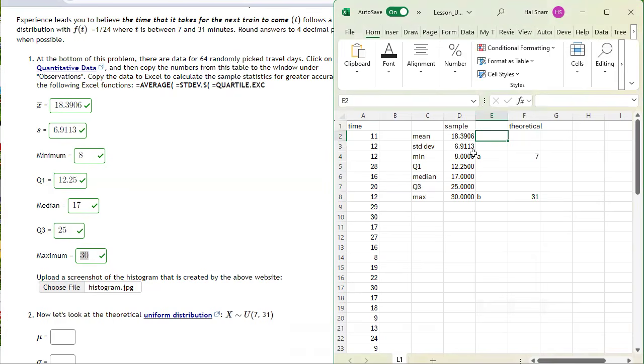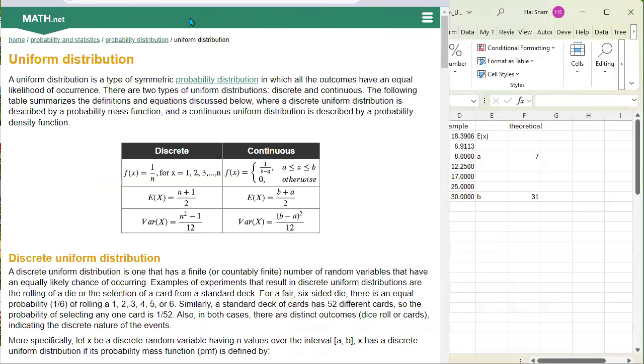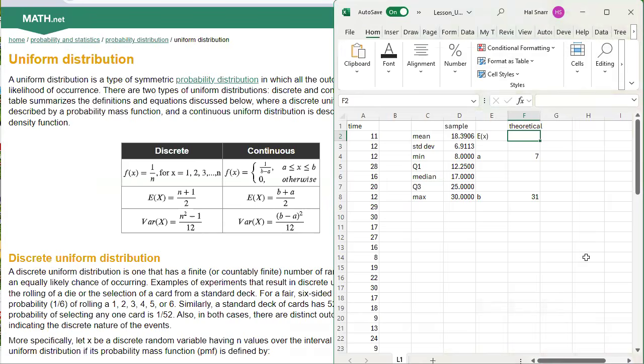My expected value, theoretically, is, if I go back to this website, B plus A divided by 2. So I'm going to type equal parentheses B plus A divided by 2. That's my expected value, theoretically. And it's pretty close to the sample mean.